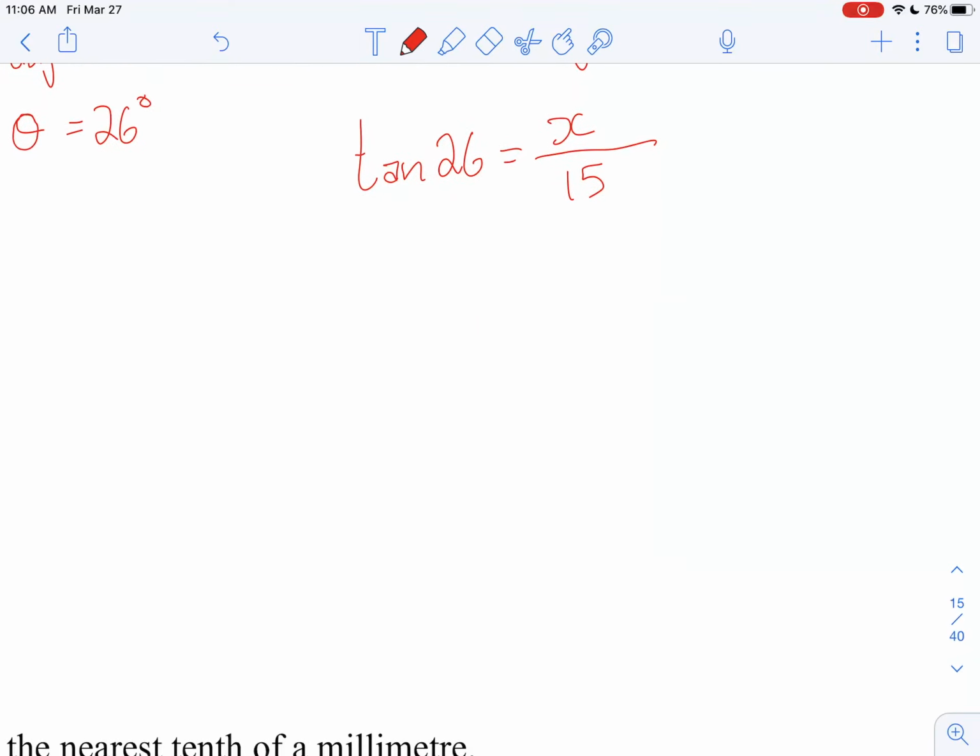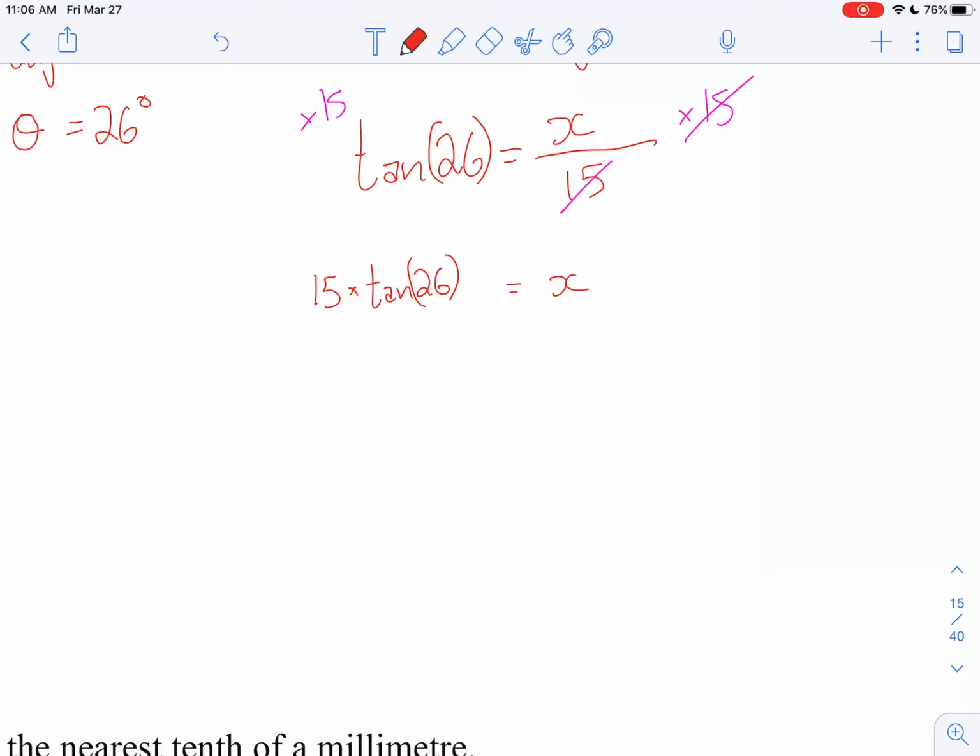X is being divided by 15, so I'm of course going to multiply both sides by 15. 15 divided by 15 is 1, and I'm going to be left with x isolated on my right hand side, and on this side I'm going to have 15 times tan of 26 degrees. I could put a little bracket around that, symbolizing that 26 degrees is attached to tan.